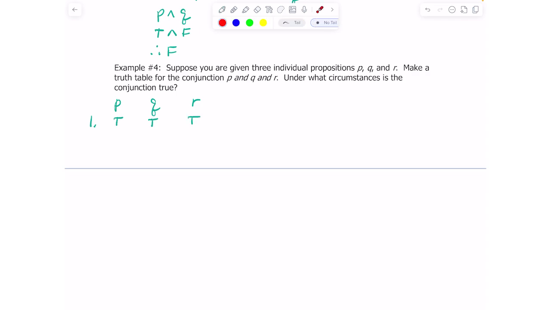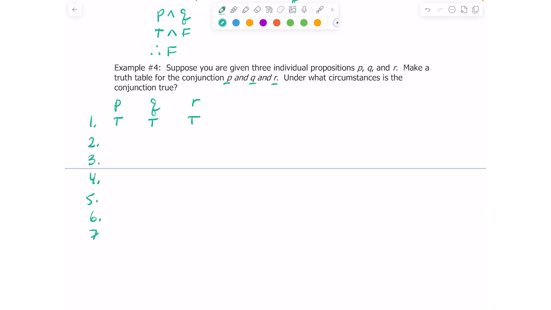So like P could be true and Q and R could both be false. Or P could be false, Q could be false, and R could be true. So there's all these combinations, and we want to make sure we capture all of them. So if there are three different propositions being made, there are going to be 8 different possibilities. Okay? And the way I know that, there's kind of a pattern.